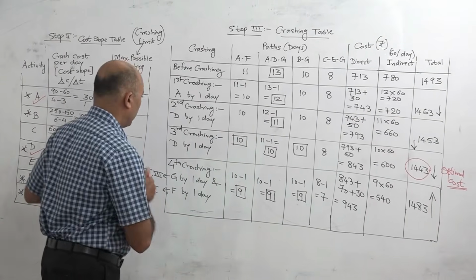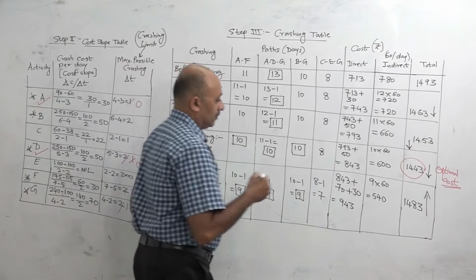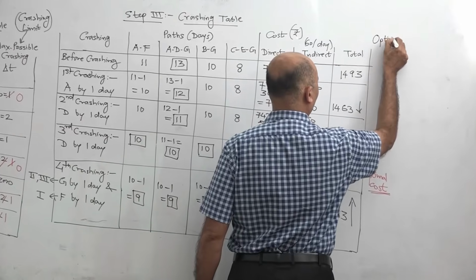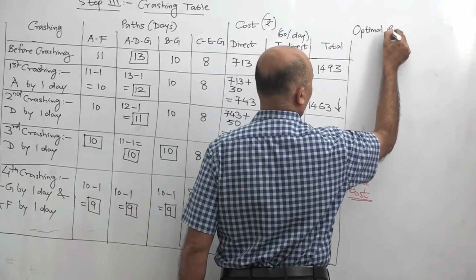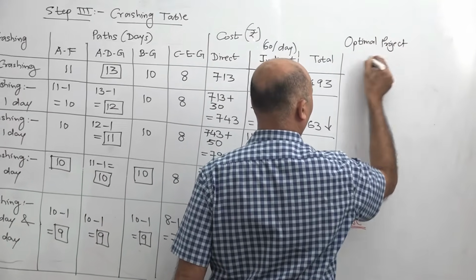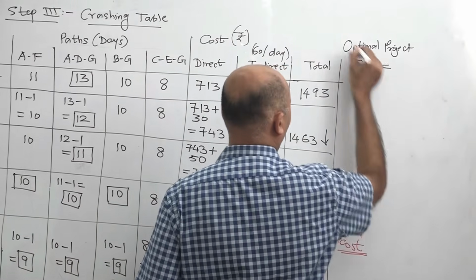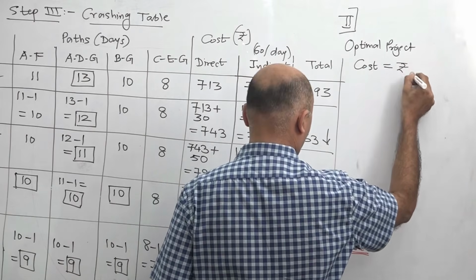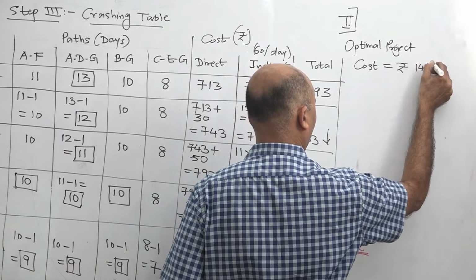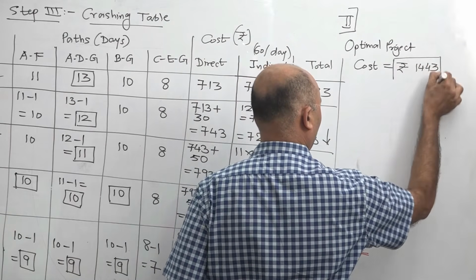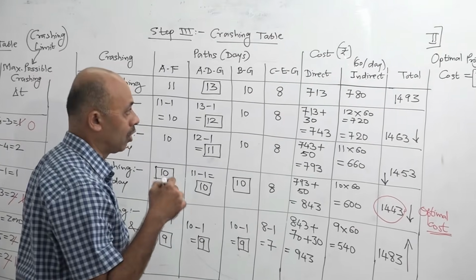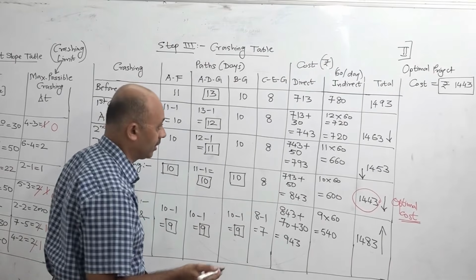So now we will write our final answer. This is answer number 2. Answer number 1 was the answer of what is normal project cost and what is normal project time.